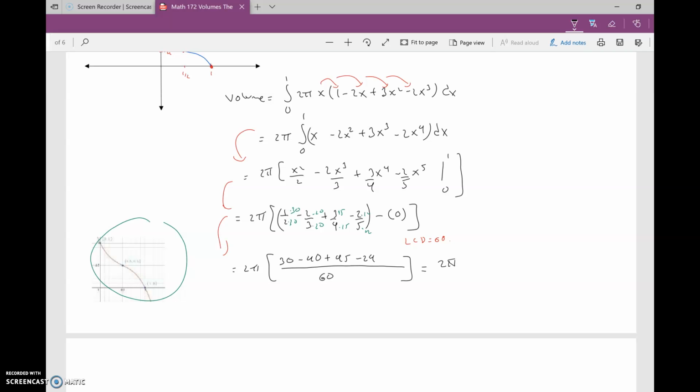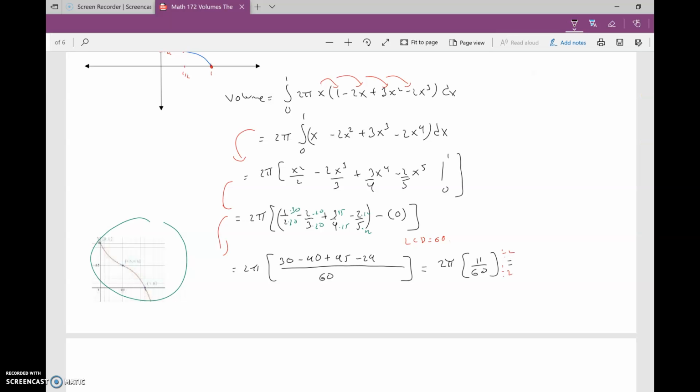So we're going to get 2 pi times, and let me add the top. So 30 minus 40 plus 45 minus 24. I'm getting 11. So 11 over 60, which you can just divide by 2. So divided by 2, divided by 2.